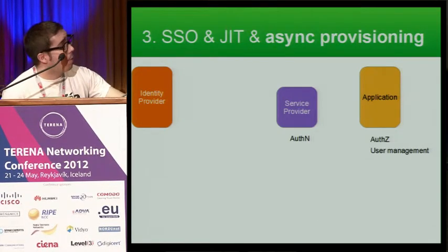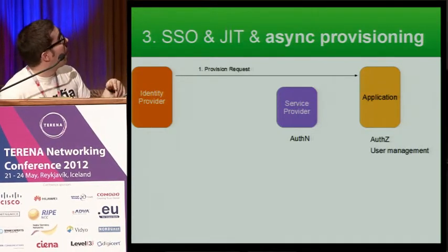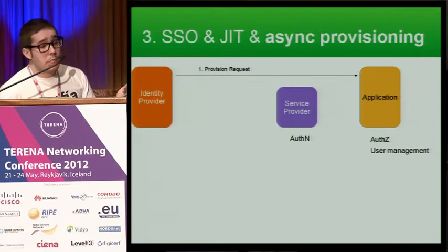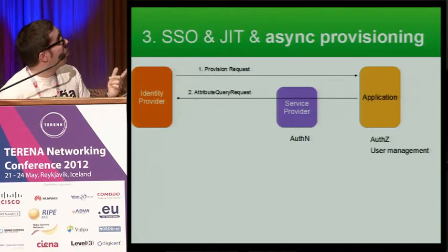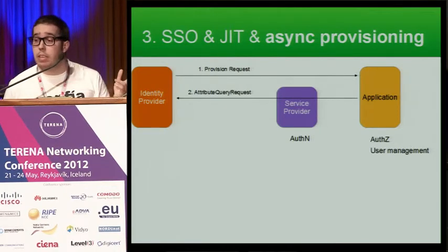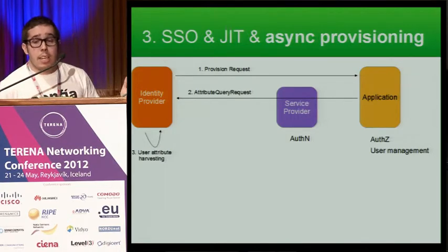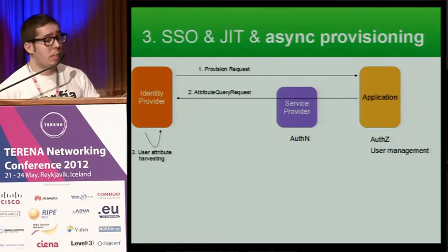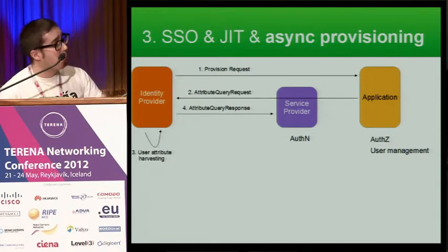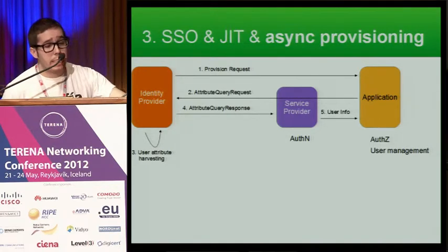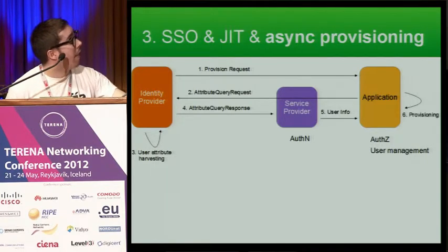So here is different because the IDP starts the flow asking the application for a provision request. Then the application sends an attribute query request, which is different from the authentication request. And the identity provider collects all the information it can about the user. Then it sends back the attribute response to the service provider, and now the service provider can give all the attributes of the user to the application and then provision.